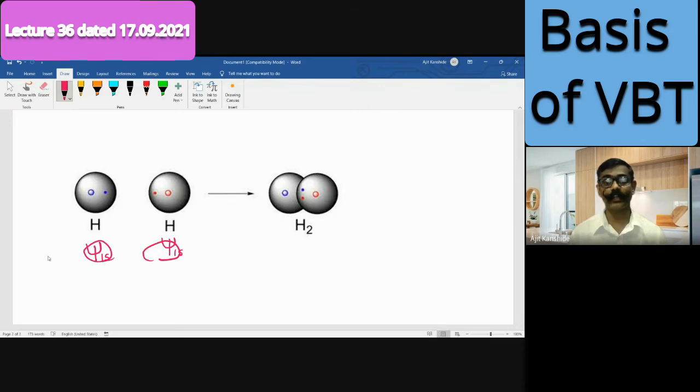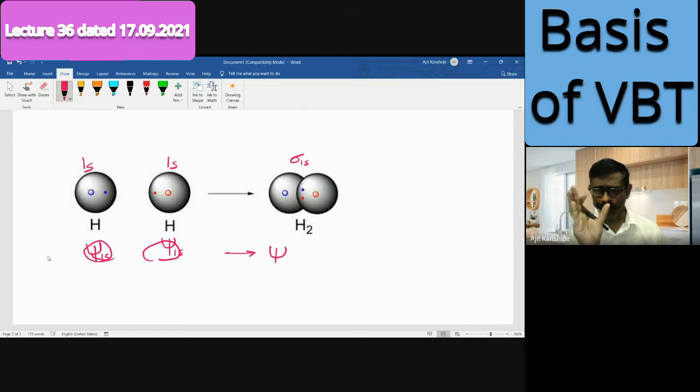These two wave functions will interact to result in a new wave function, say psi. Psi 1 was representing the 1s orbital of one hydrogen, and psi 2 was representing the 1s orbital of the other hydrogen. Now psi will represent the molecular orbital, the sigma 1s orbital, which you have studied for the hydrogen molecule. But here we are discussing the valence bond approach.